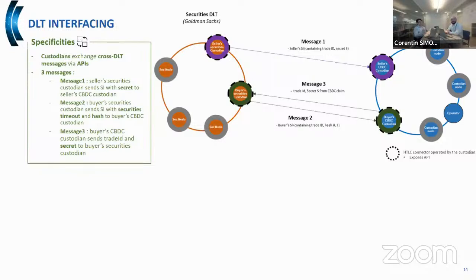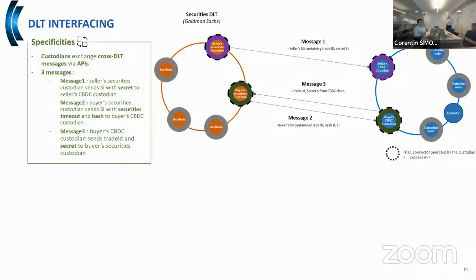We will now describe how the two DLTs interface. The custodians exchange cross-DLT messages via APIs. So DL2S and the securities DLT both expose APIs.